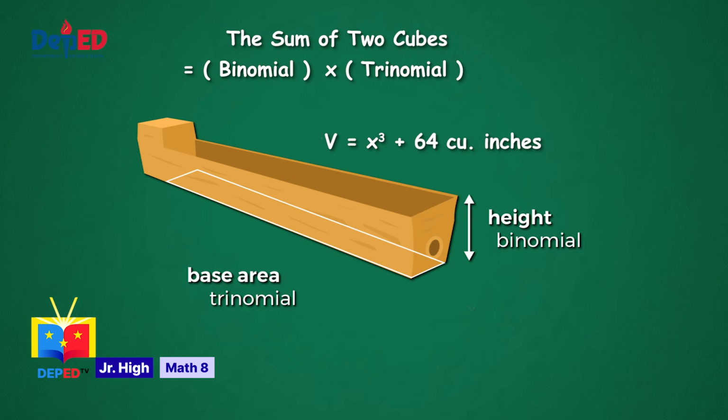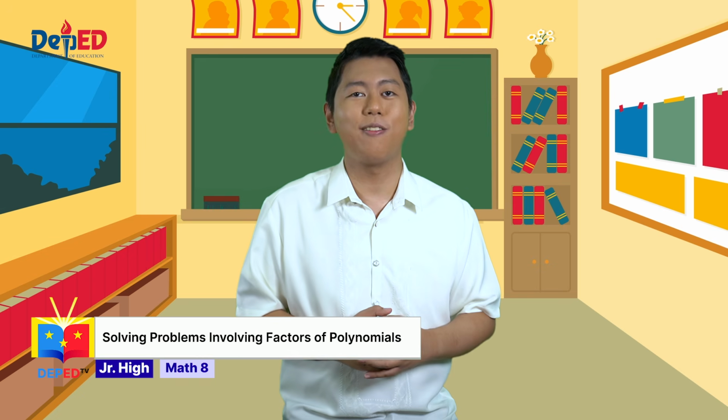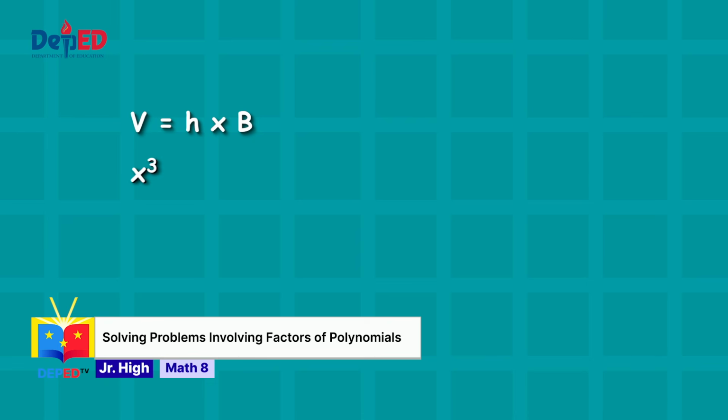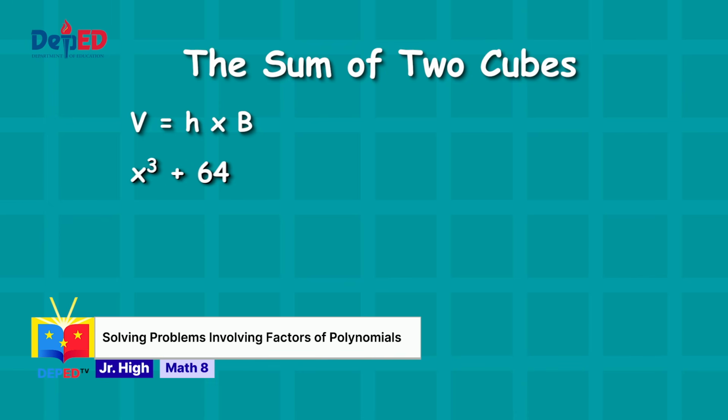The volume of a rectangular prism is given by multiplying the height by the base area of the figure. And to solve this problem, we can start with the given x cubed plus 64. Since this is a sum of two cubes, the polynomial can be factored by expressing each term into cubes of certain expressions.